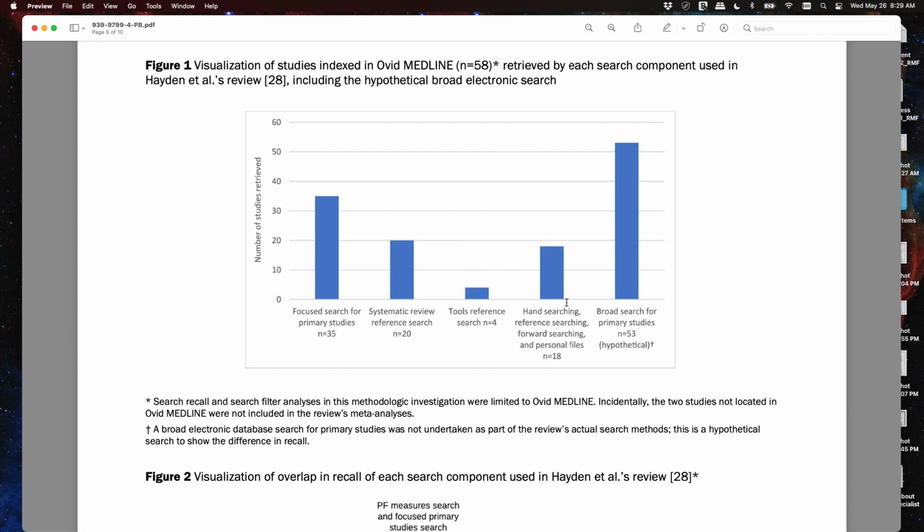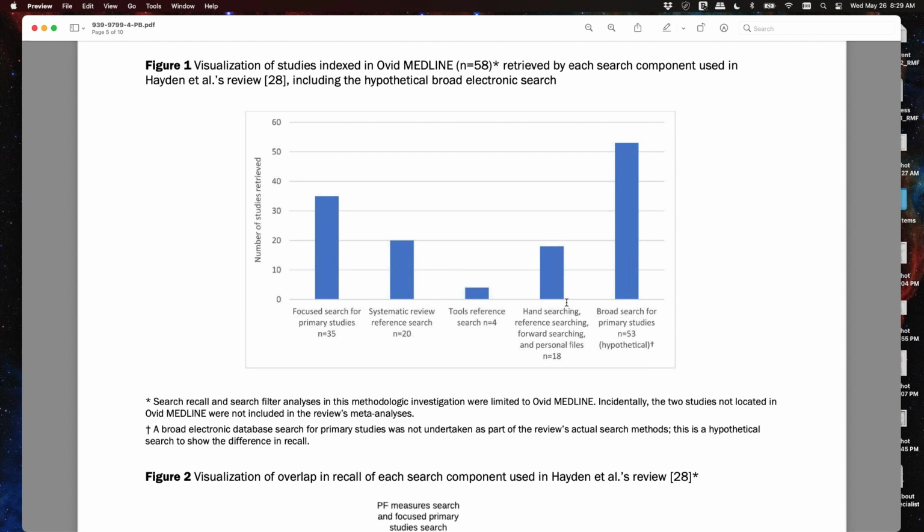But they also tested a reference search in systematic reviews that were known to them. So basically, they took those systematic reviews and extracted relevant studies from them and established a small reference set. They used the supplementary search methods, which are hand searching, reference searching, forward searching, and personal files of the investigators.